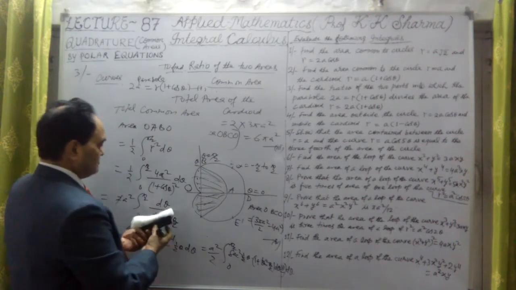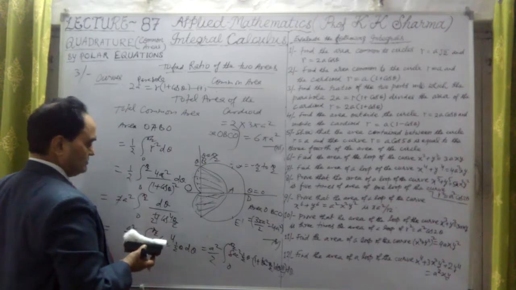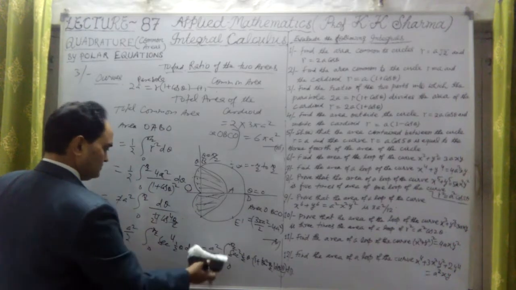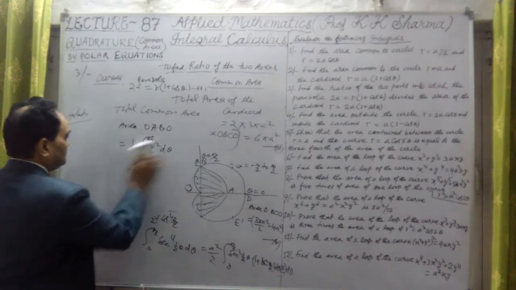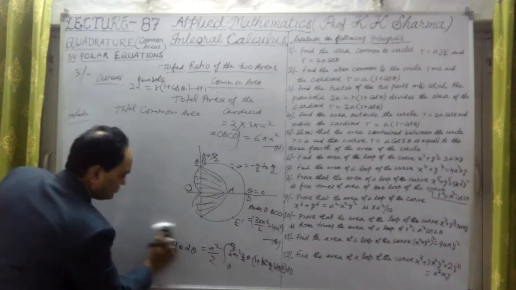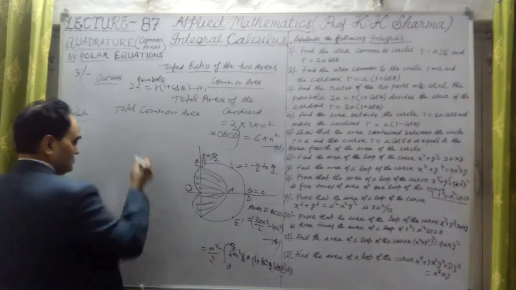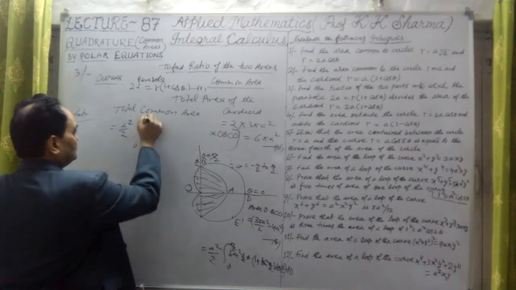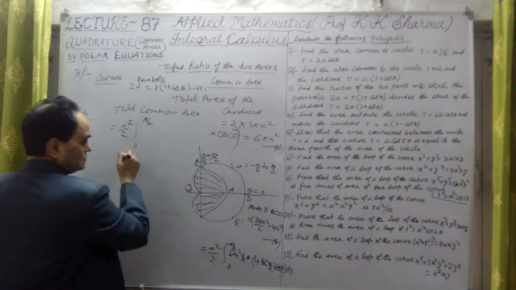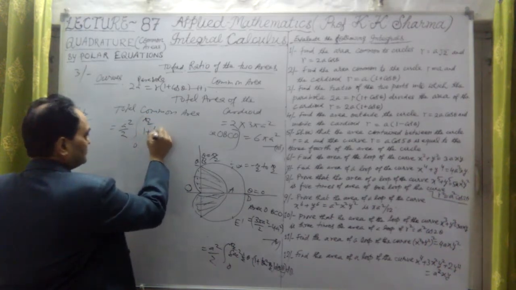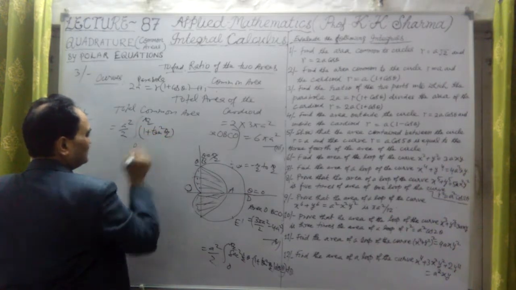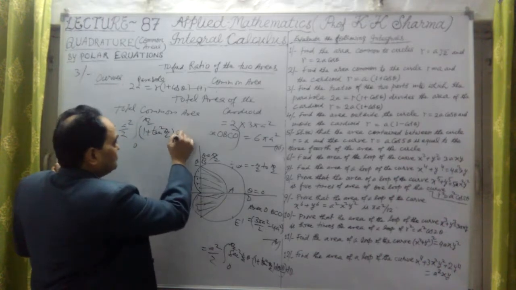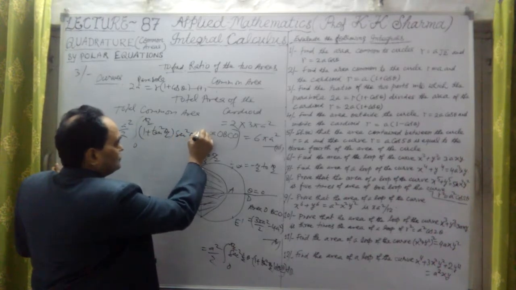So it is giving us a squared upon 2, limits 0 to pi by 2, of (1 plus tan squared theta by 2) into sec squared theta by 2 into d theta.